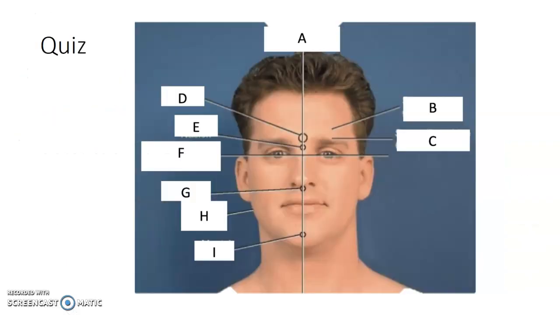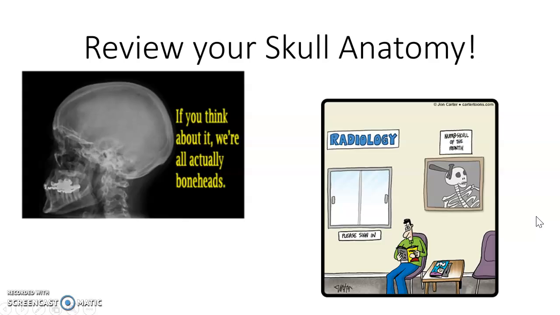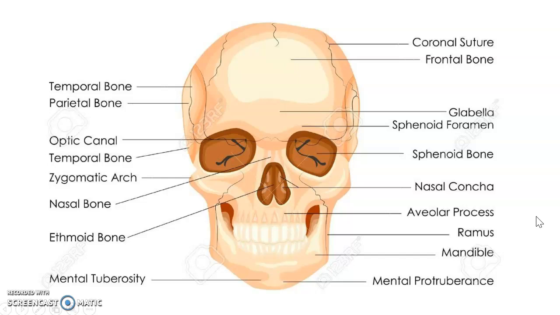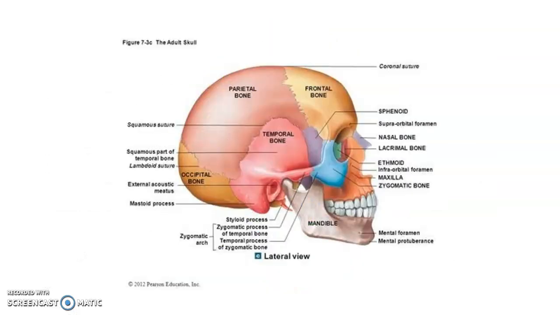Here's a quiz for you. Practice your lines in areas of interest. And then another one, practice knowing all your lines and landmarks. And then I want you guys to start reviewing your skull anatomy, okay? Frontal anatomy, side anatomy.